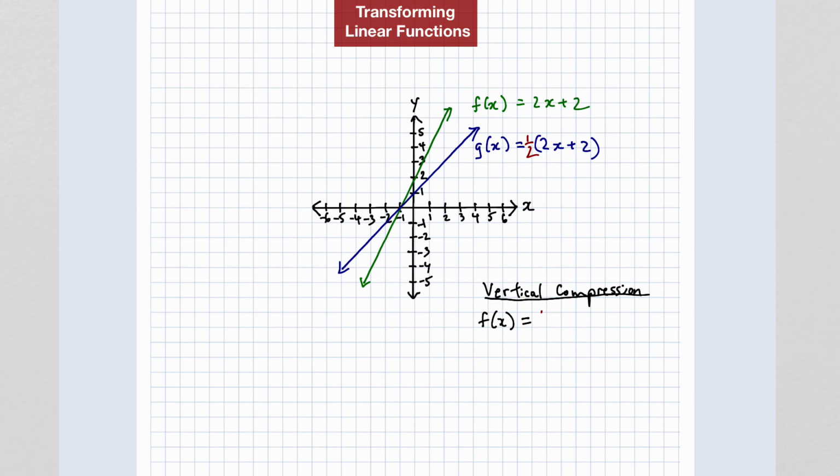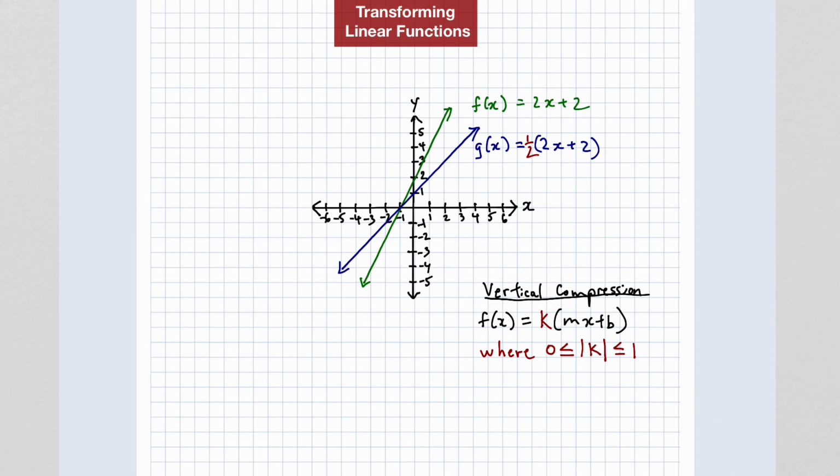F of x is equal to k times the quantity mx plus b, where the absolute value of k is greater than or equal to 0, but less than or equal to 1.